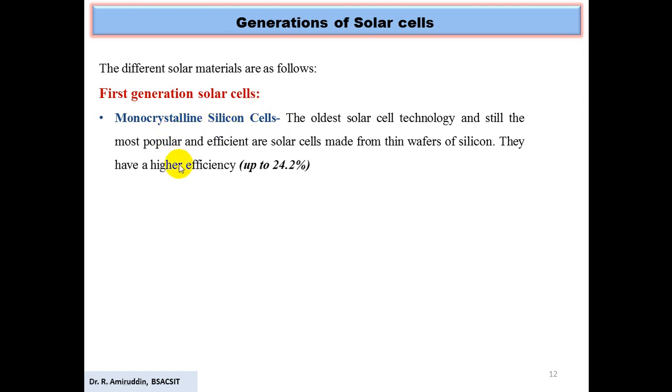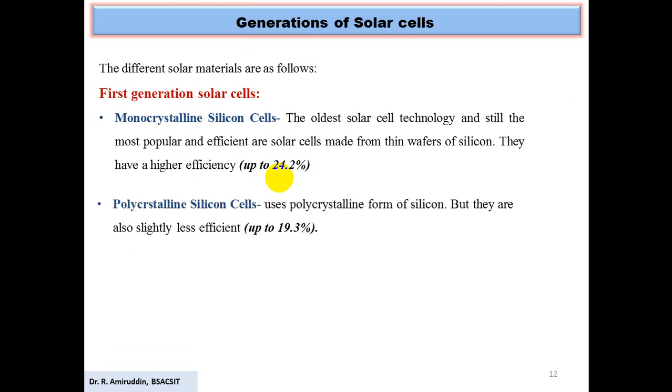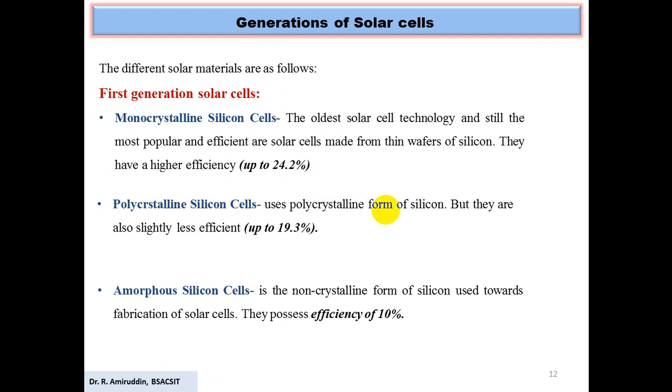This device has an efficiency of 24.2%, which means 24.2% of the visible light incident upon the device will be converted into electricity. The next type is polycrystalline silicon solar cells, which use silicon in polycrystalline form, and this device has an efficiency of 19.3%. The third one is a non-crystalline form of silicon, which is amorphous silicon solar cells, which has an efficiency of 10%.